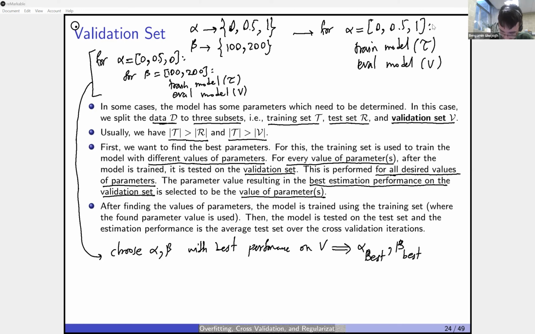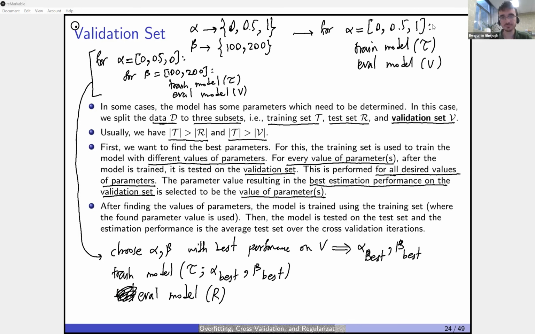Then train your model again using the training data with the parameters alpha best and beta best. Then at the end, test or evaluate your model on the test set. Then report this as the test performance.